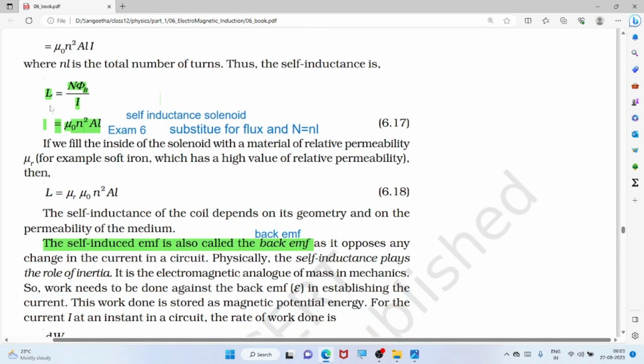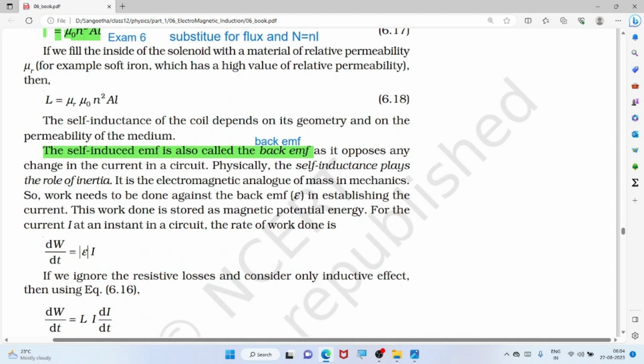So when you substitute N equal to nl, that is small n into l, and flux equal to BA, we will get this formula. The self-induced EMF is also called back EMF.